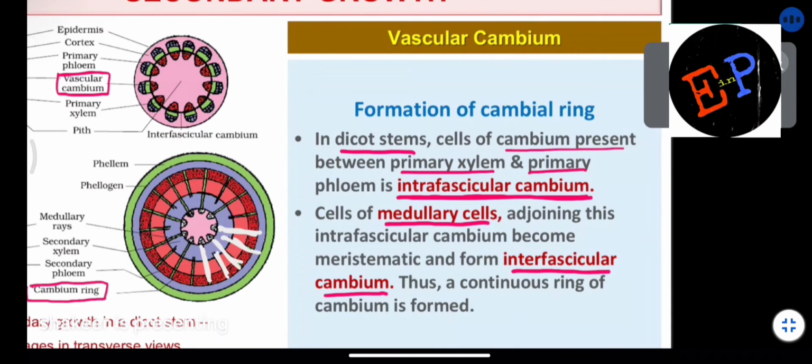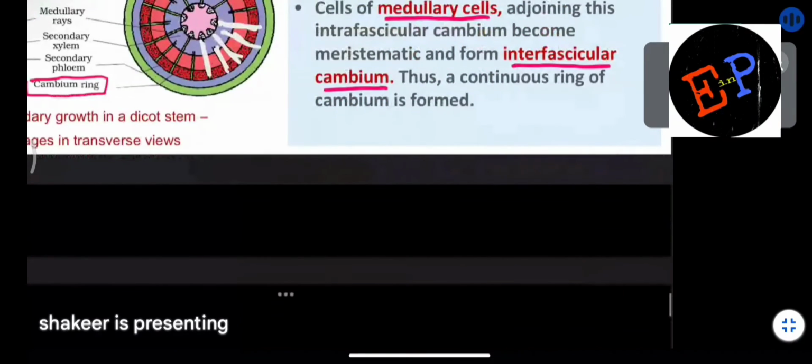If not able to understand, see, I will try to draw the diagram here. Initially, cambium was present in patches. What is this cambium called? Intrafascicular cambium. And in these gaps, what do you find?